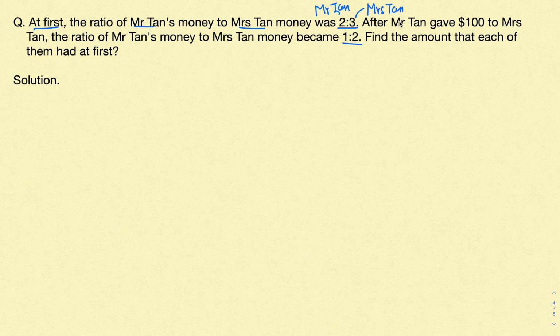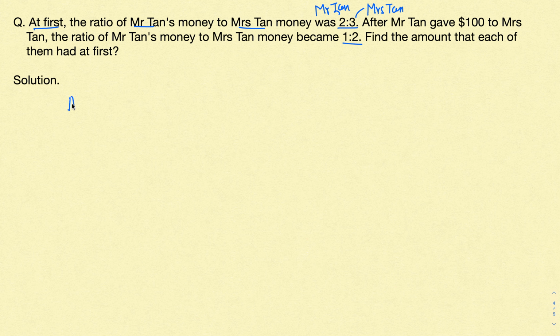And after Mr. Tan gave another $100 to Mrs. Tan, the ratio of Mr. Tan's money to Mrs. Tan's money is 1:2. So here also the ratio is in the same order, Mr. Tan to Mrs. Tan. So at first the ratio was 2:3 and later it becomes 1:2, right? So let's start writing whatever information we have.